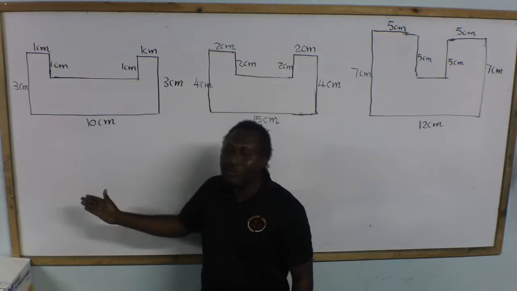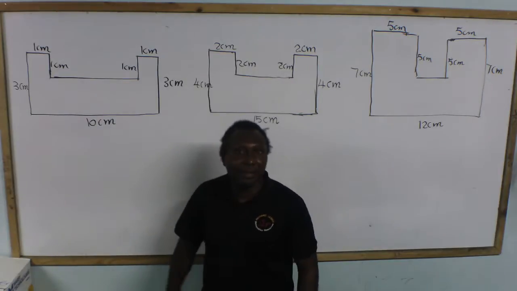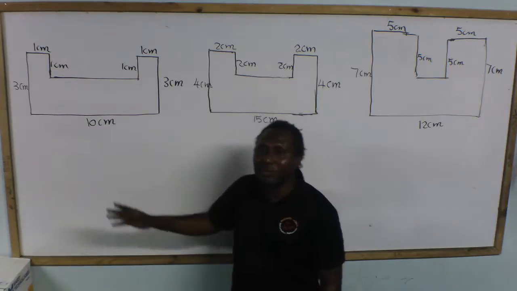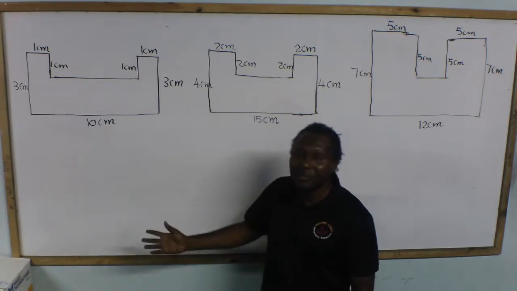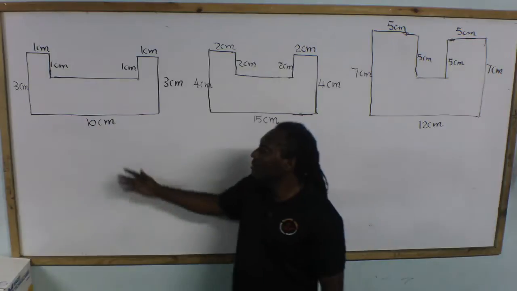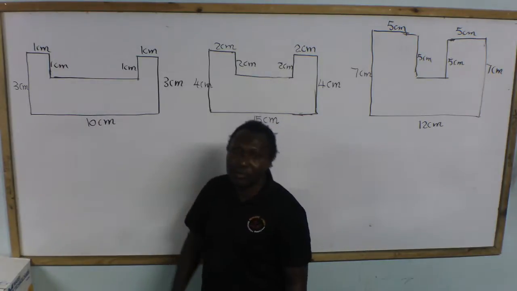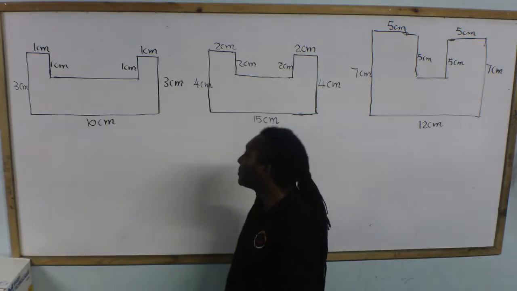Now, the first thing that we need to find is the perimeter. So we'll find the perimeter of this one. Perimeter, the measurement all the way around. And peri means around.